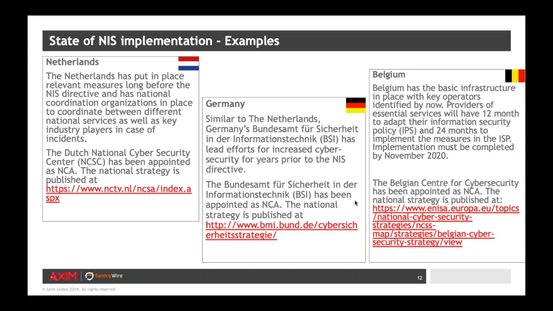Germany is very similar, albeit different than the Netherlands. Germany's BSI is the ministry that is responsible for information security. Has for many years been quite active in this space on information security, cybersecurity, etc. Again, way before the NIS regulation or directive even came into effect.